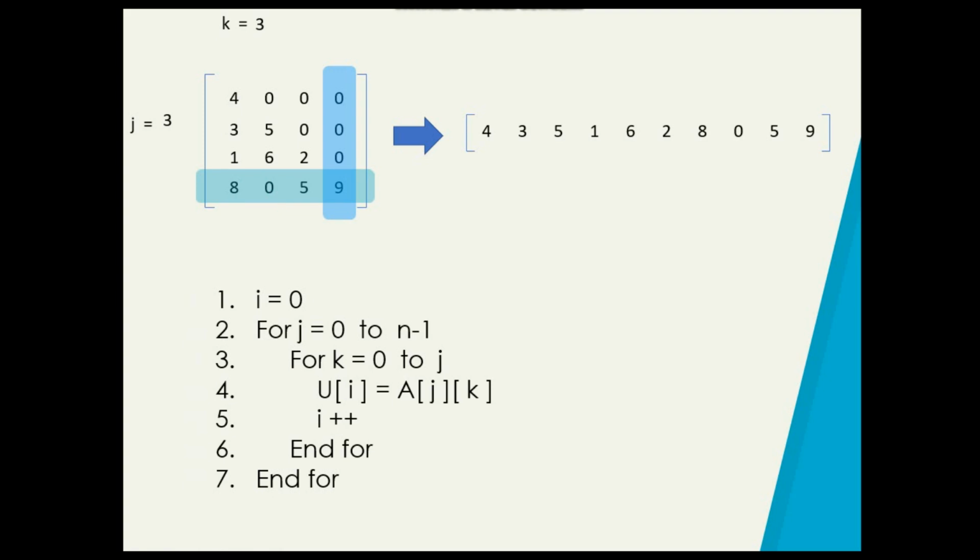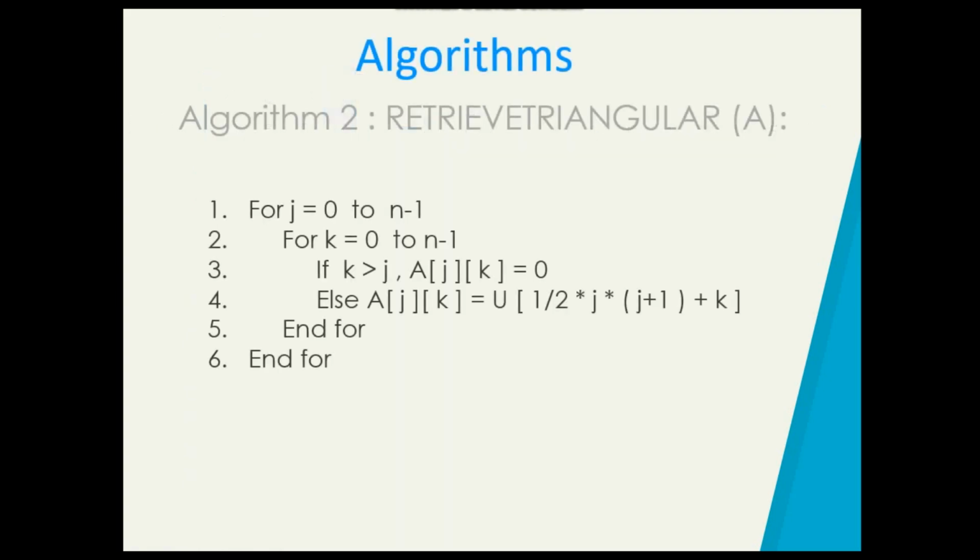Now we'll move to the second phase of our video. Here we'll convert a unidimensional array into a lower triangular matrix. The condition here is, if value of k is greater than j, then the resulting entry will be 0.